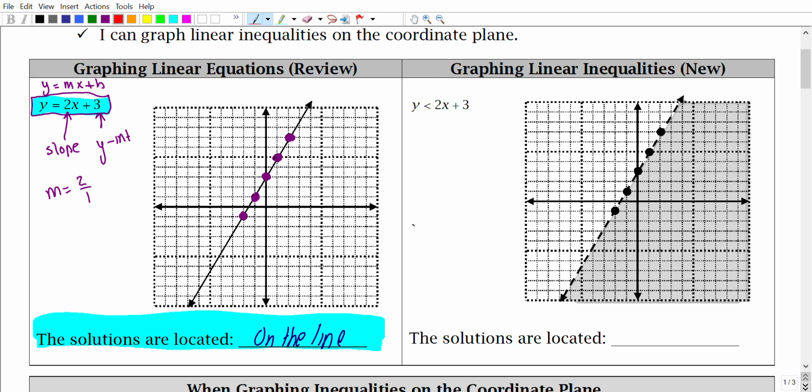Now, if you remember from before, if we had a number line like this, and let's say for example I had a -3 here, let me do an example real quick with you. If I had something like y is less than -3, I'd have to put an open circle, and then shade to the left.